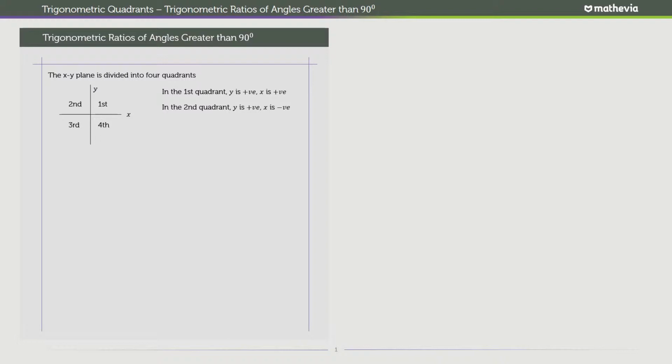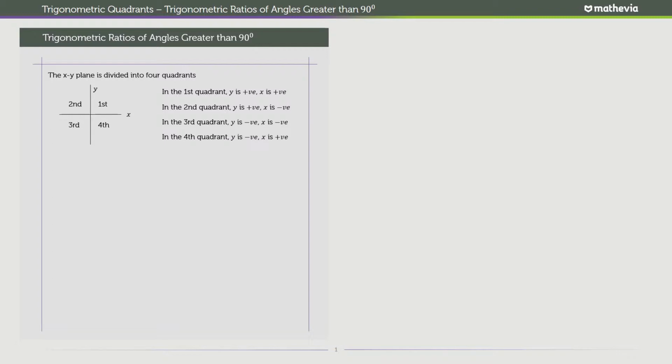Positive y, negative x. In the third quadrant, y is negative because you're going downwards, and x is also negative because you're going to the left. And for your fourth quadrant, y is negative because you're still going downward, but x is positive because you're going to the right. Just think about how you normally plot your graphs, and you'll understand exactly what I'm talking about.